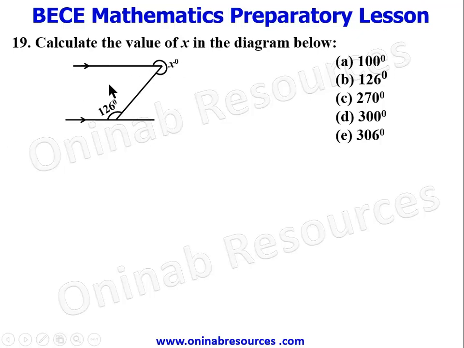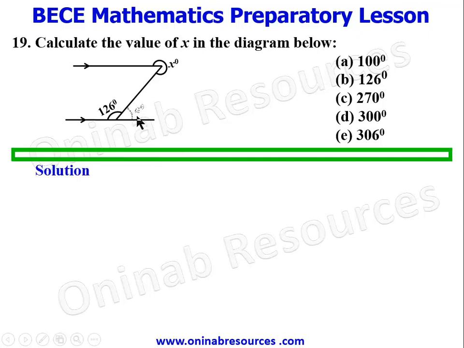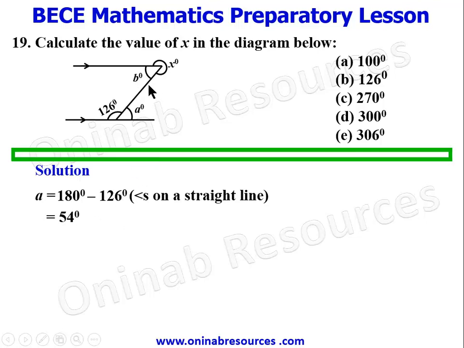We name this one A, so that A is equal to 180 degrees minus 126 degrees, because they are on a straight line. So we call them angles on a straight line, and that will give us 54 degrees. So which means if you call this one B, B is equal to 54 degrees.